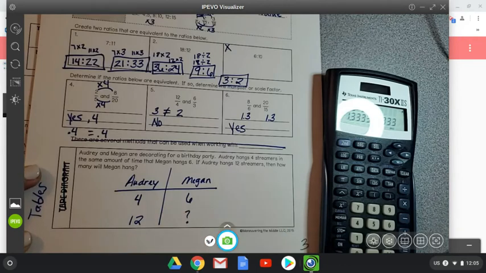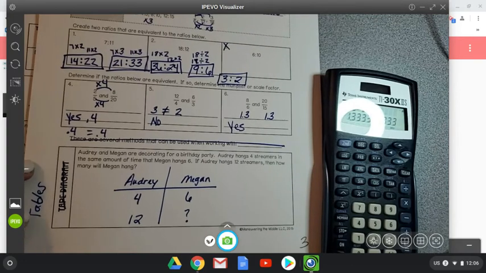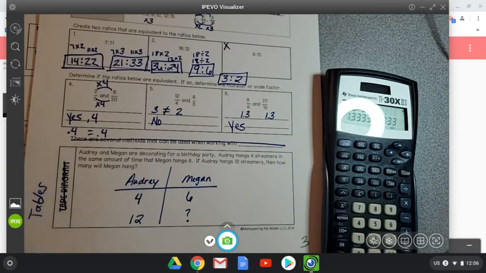So in our table, we always write what we know, and then I like to put a question mark next to what I don't know. Now, we use what we know to figure out what we don't know. So I wanted to figure out what I multiply by to get that number. We're going to do the same thing down here.